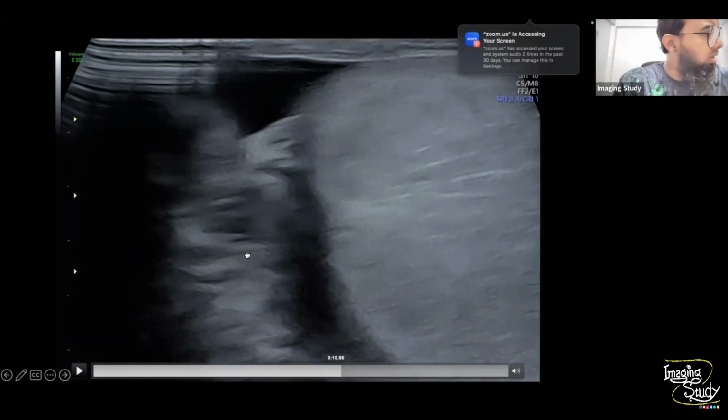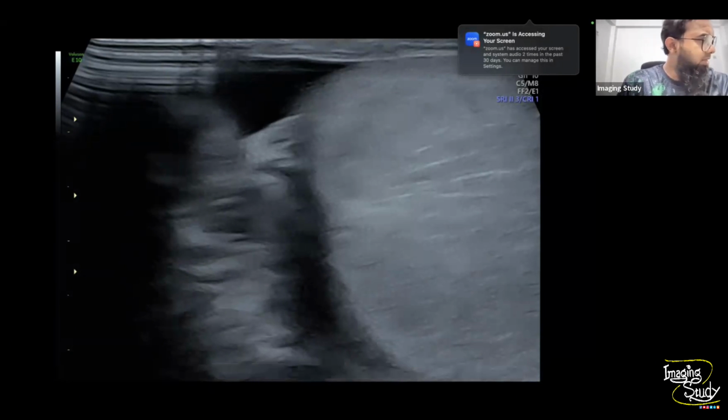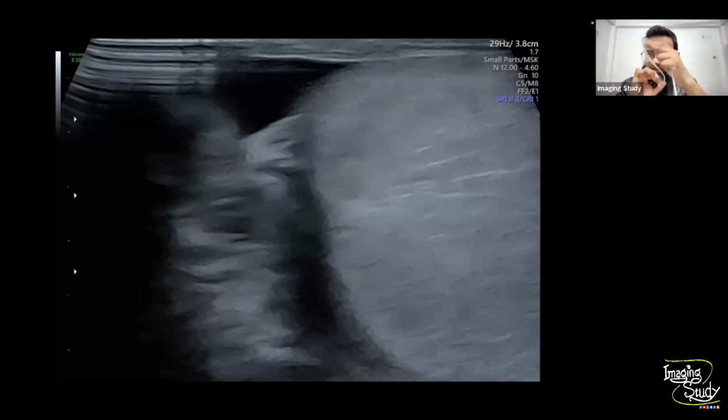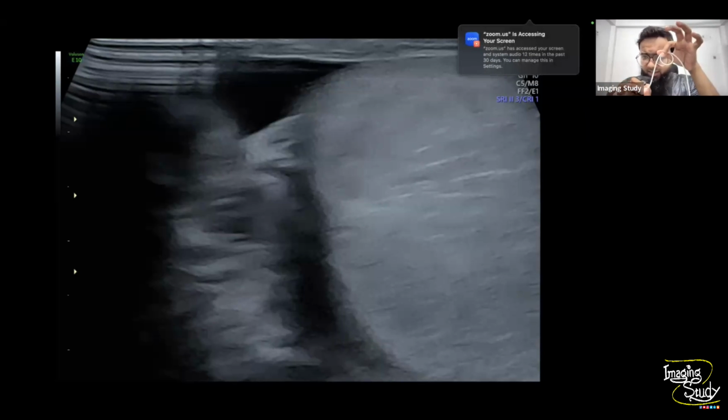Let me just take any wire-like thing which can be found on my table. Yeah. So just think that this is the epididymis. It's coming here, getting a fold like this. So that is what's happening. And I am just showing you this twisted area. So this is the area where the vessel is getting twisted.